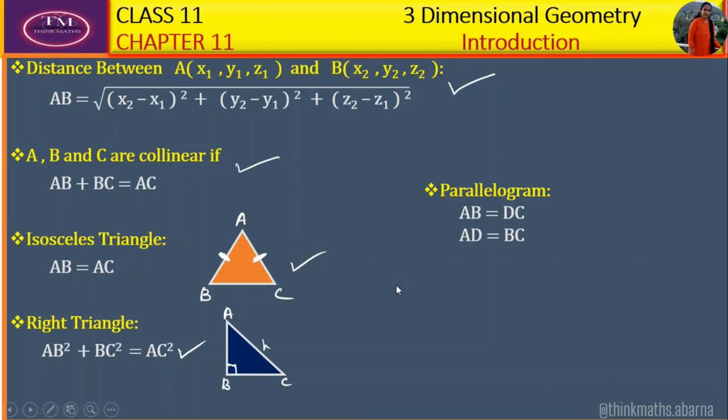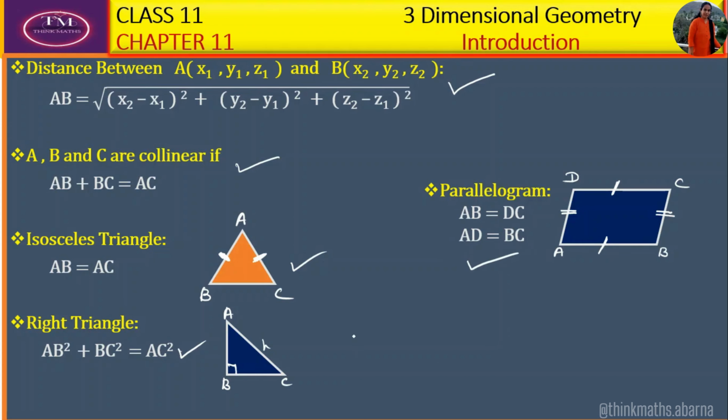And the next one is the parallelogram. In a parallelogram, what do we know? We know that opposite sides are equal and parallel. So AB will be equal to DC and AD will be equal to BC. So find the distances of all four sides and check whether AB is equal to DC and AD is equal to BC.